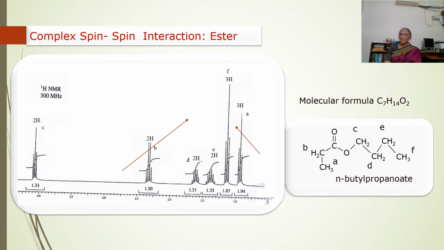So we have seen that the molecular formula is identical, C7H14O2, but there are 3 different isomeric esters, and we can establish the structure of all the 3 isomeric esters on the basis of their NMR spectrum.